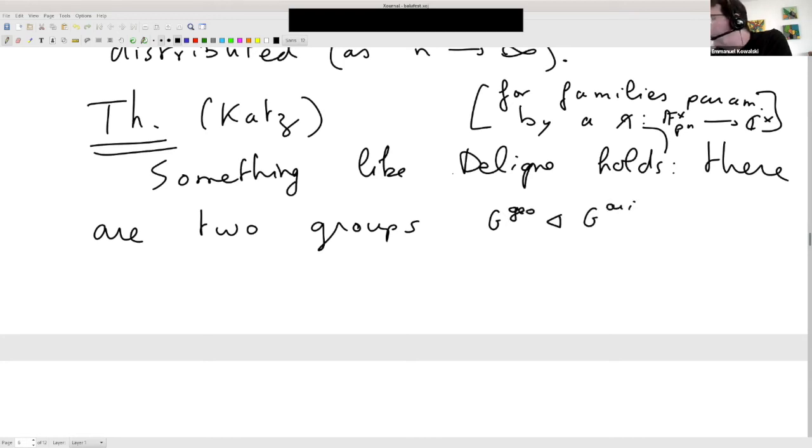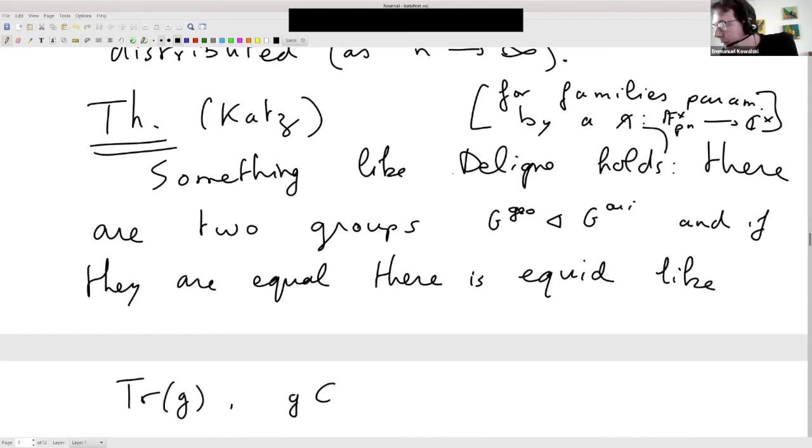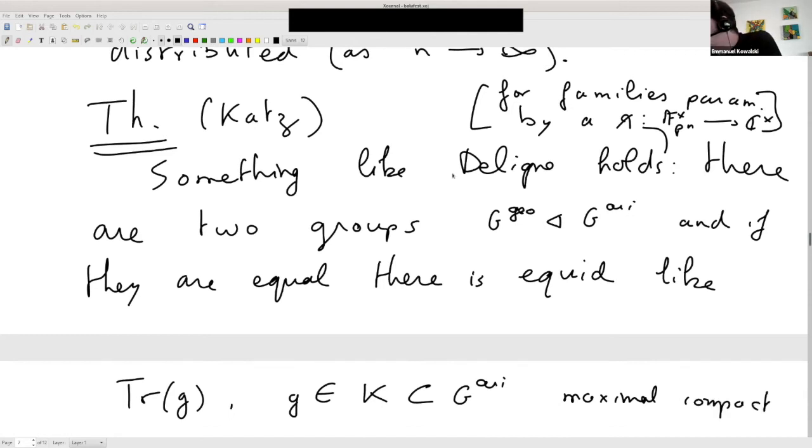And if they are equal, there is equidistribution like the trace of a random element in a maximal compact subgroup of this group.